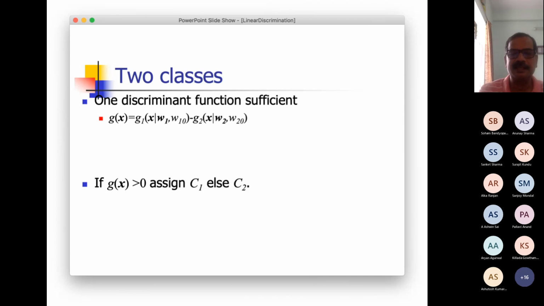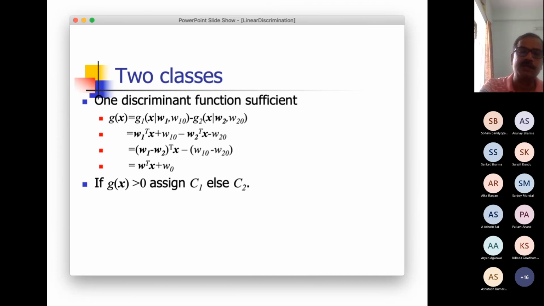So in that case, if I take the difference of these two, the sign of the function, which is also in the linear form, because if I consider linear functions, the difference is also in the same linear form. So a single function will be used for classification, but instead of the max operation, here the sign would be sufficient to denote the classes.